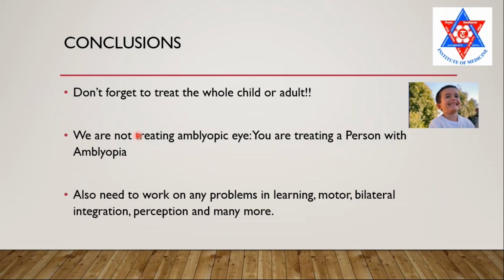So to conclude, let's not forget to treat the whole child or adult, especially in strabismic and anisometropic amblyopia. We are not treating the amblyopic eye, we are treating the person with amblyopia. We also need to work on any problems in learning, bilateral integration, perception, and more, if required.